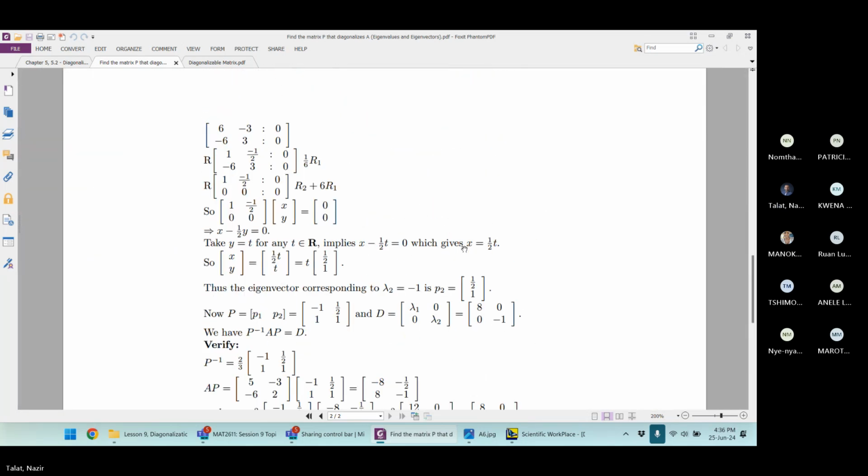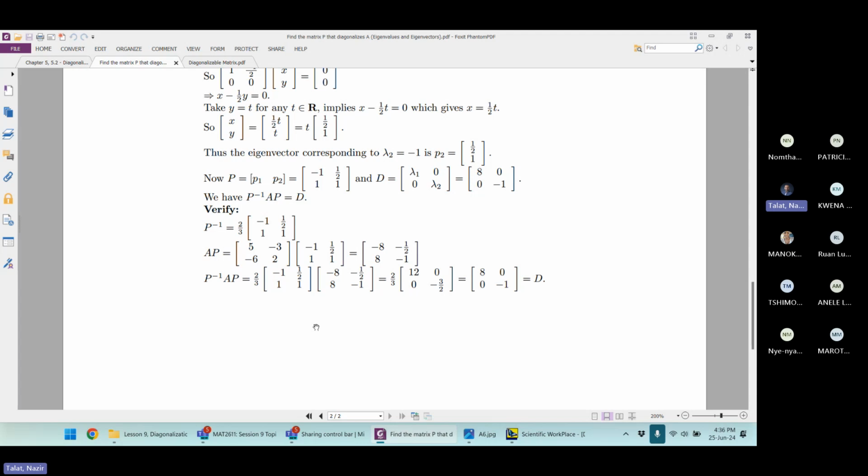we know that a matrix A is diagonalizable.